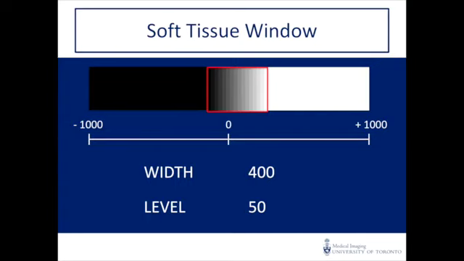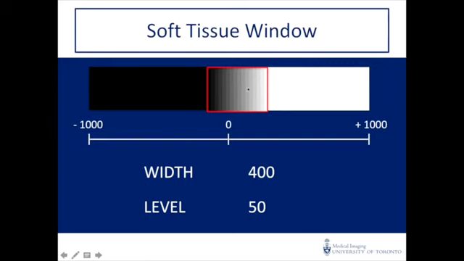So now let's change the window. Let's distribute the shades of gray differently. An important point is that no matter what, a given axial CT slice displays the same density information. When we change the window, we do it to allow our eyes to pick up important density differences that indicate abnormalities. Here, we've changed the window so that all the shades of gray are distributed amongst the level of the soft tissues.